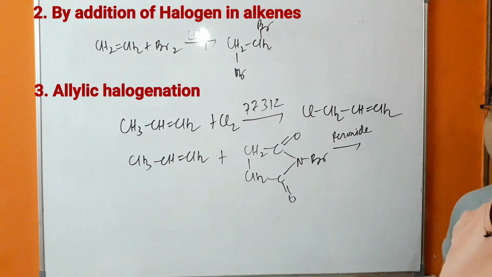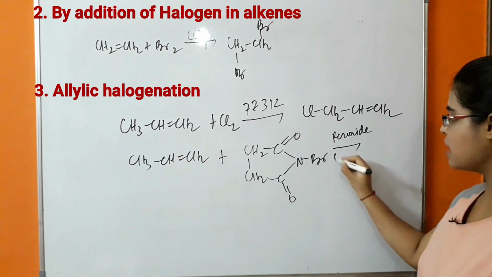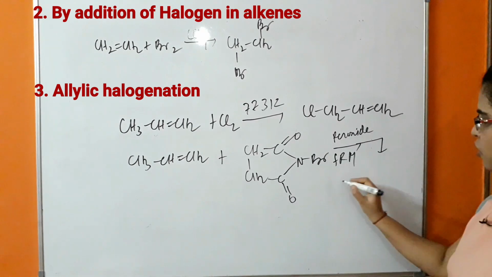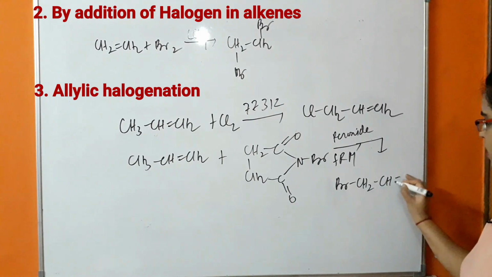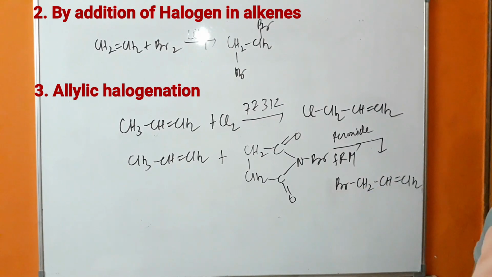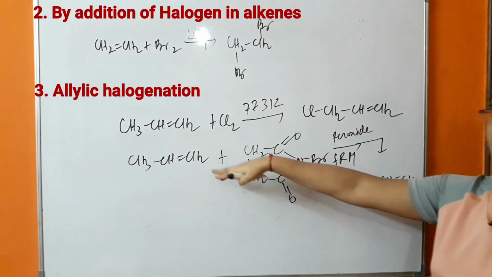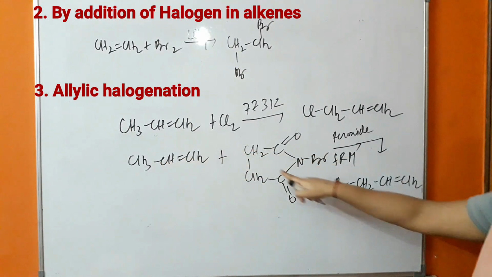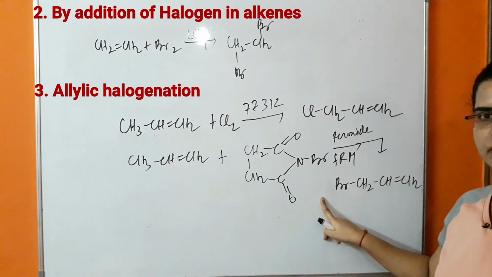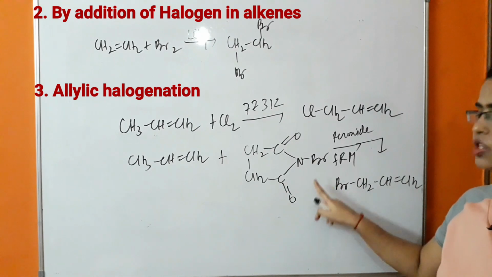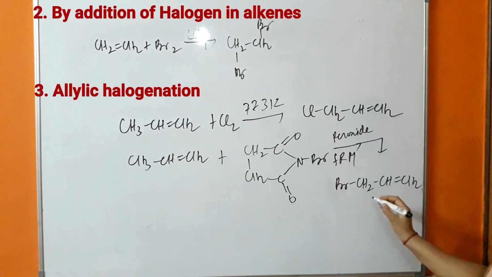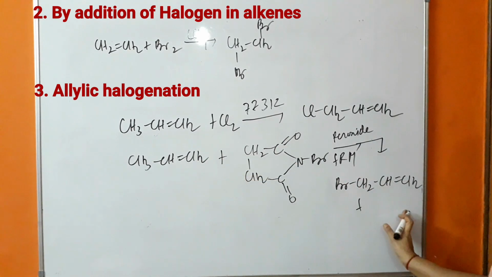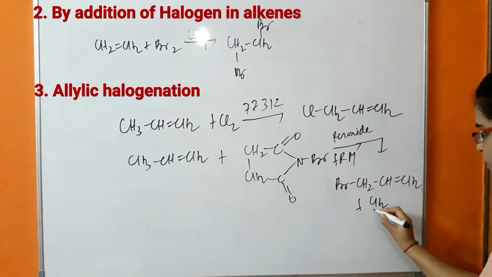It means this reaction occurs by a free radical mechanism. Allyl bromide is formed. This is a much better method for bromination at the allylic position, because this reaction takes place in the presence of a specific reagent which is used for allylic bromination. The byproduct which is formed is known as succinimide.